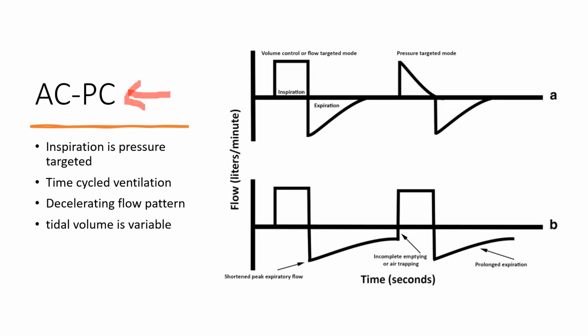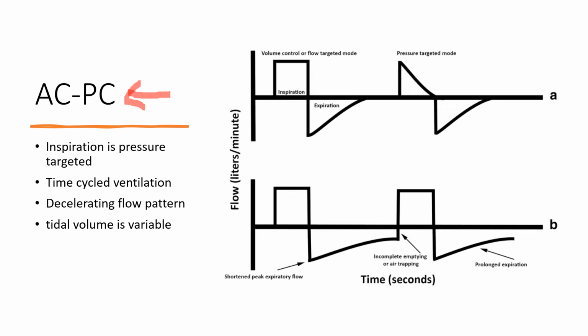So what's common about that is that you're going to get a set pressure, a set rate of volume coming into the lung, but you cannot guarantee that the volume will be the same. In other words, the tidal volume will be variable with pressure control ventilation.